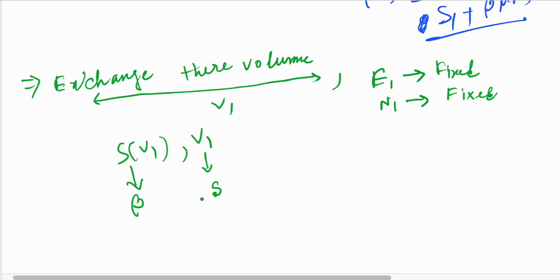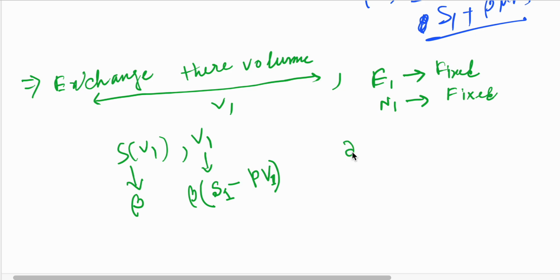It should be beta into S minus P V1, right? How can I write it?